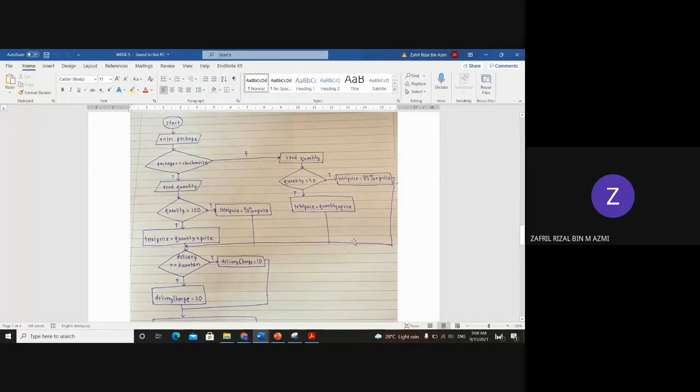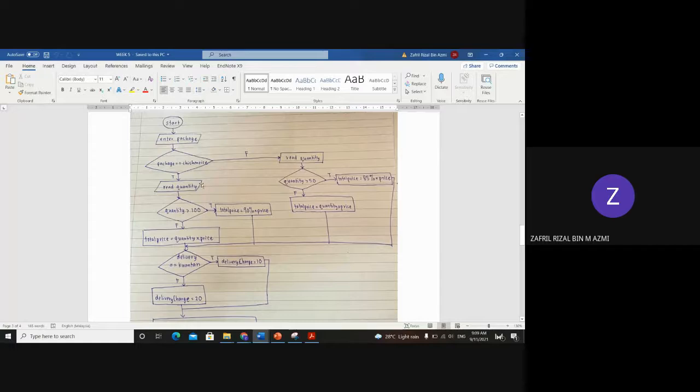Okay, this is another version. Enter package. If this package is chicken rice, true, then quantity. Okay, it's fine, but you may simplify it, because this is redundant.